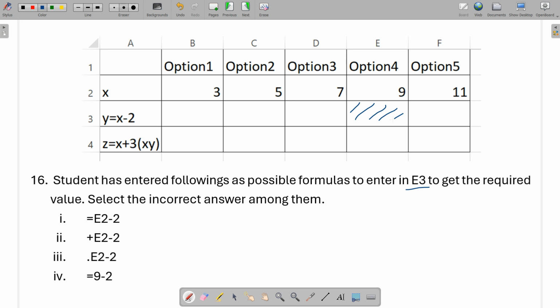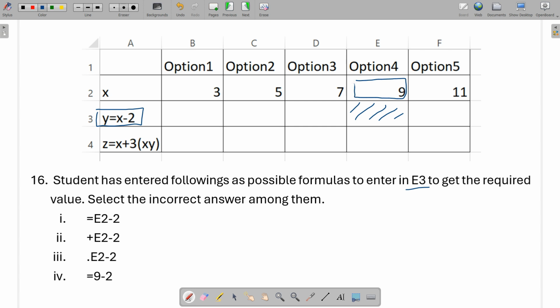So y equals x minus 2 can be taken as equals e2 minus 2. The corresponding x is over here, which is in the e2.